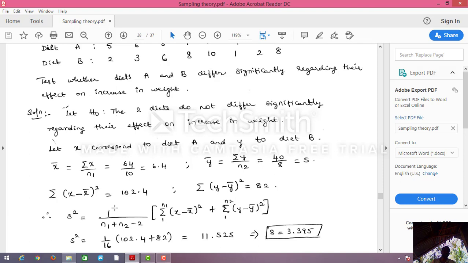Now I'll write summation of x minus x bar whole square. How do you find x minus x bar whole square? See here, x bar is 6.4, we know that.